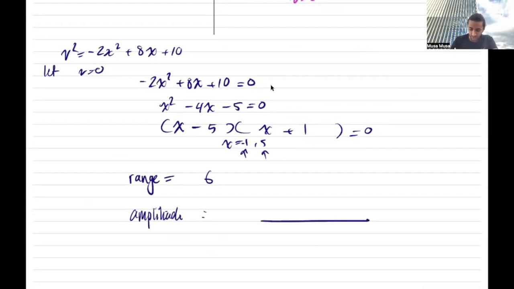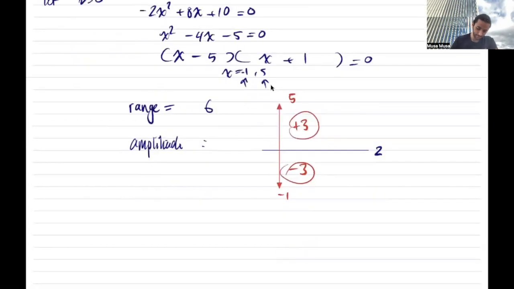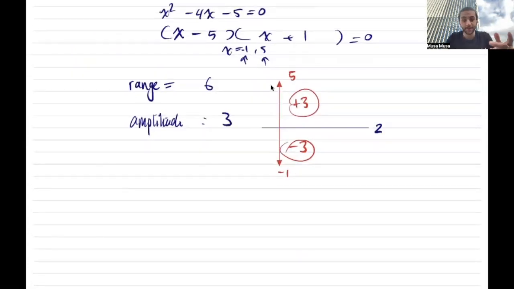Well, you're starting at 2 and you're going all the way up to 5 and you're going all the way down to minus 1. So it seems like we're adding 3 and subtracting 3, right? So your amplitude is 3. There you go. This is a pretty easy question, but I want to show you a different form.